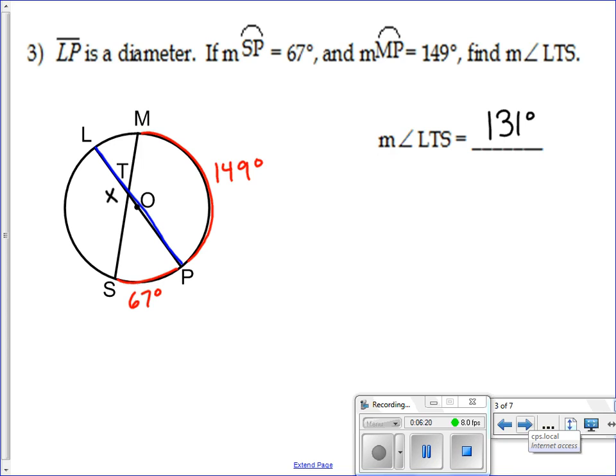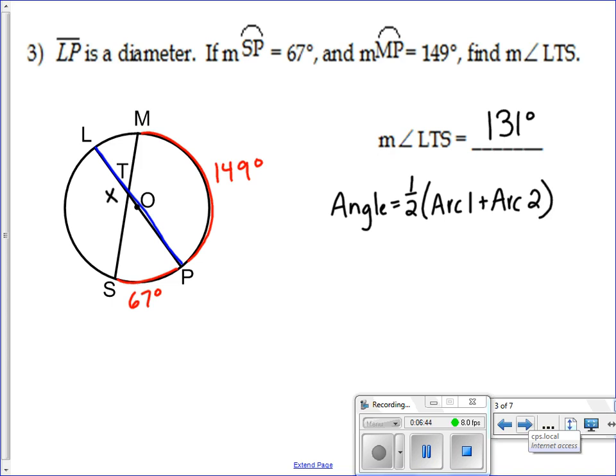Okay, so this is pretty much the same thing as problem number 2. You do not have a central angle. You do not have an inscribed angle. You do not have a CT angle. Again, this is one of those interior angles where it's going to equal 1/2 of arc 1 plus arc 2.